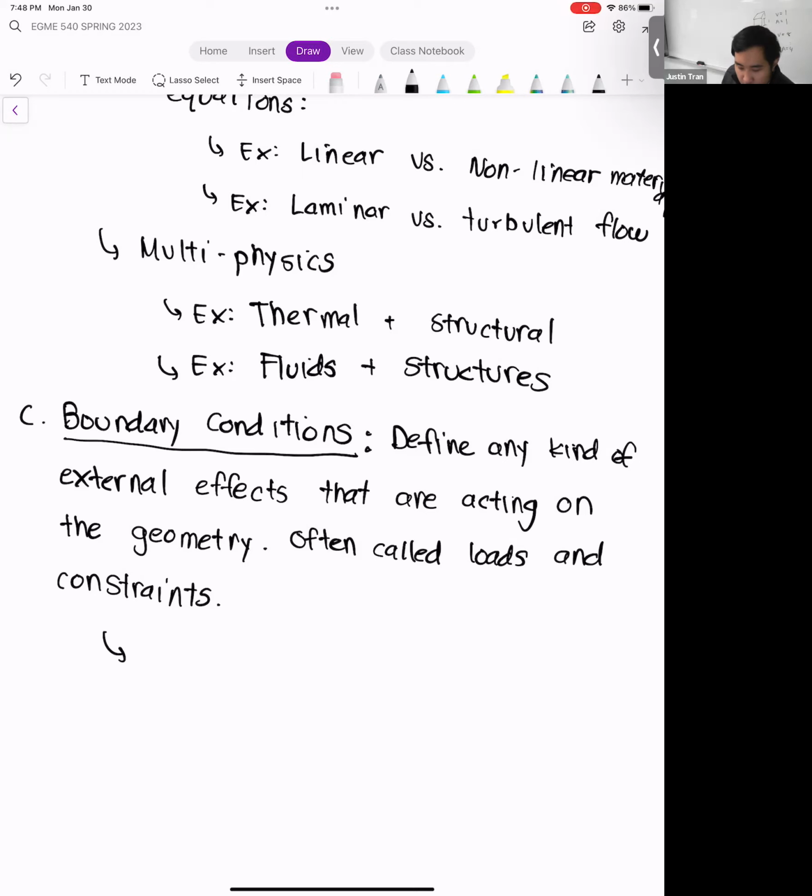Sometimes in the literature, you might hear people talk about boundary conditions as inputs.